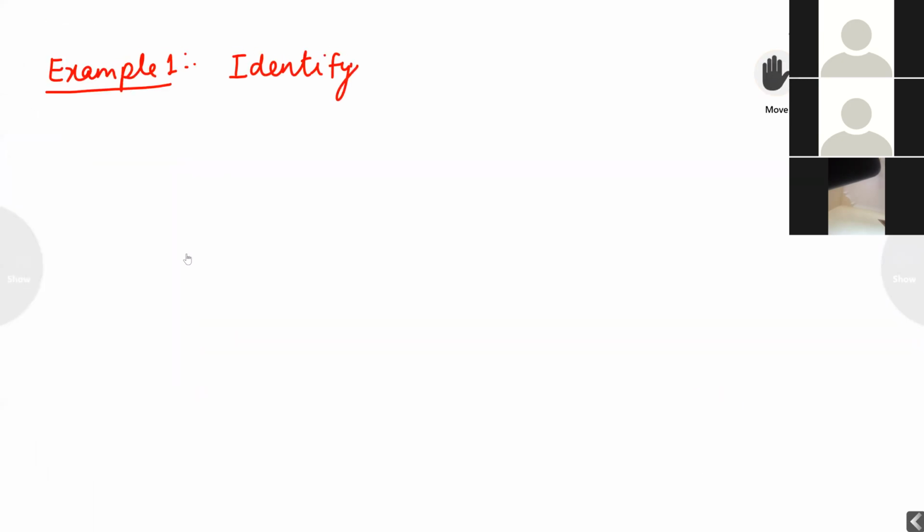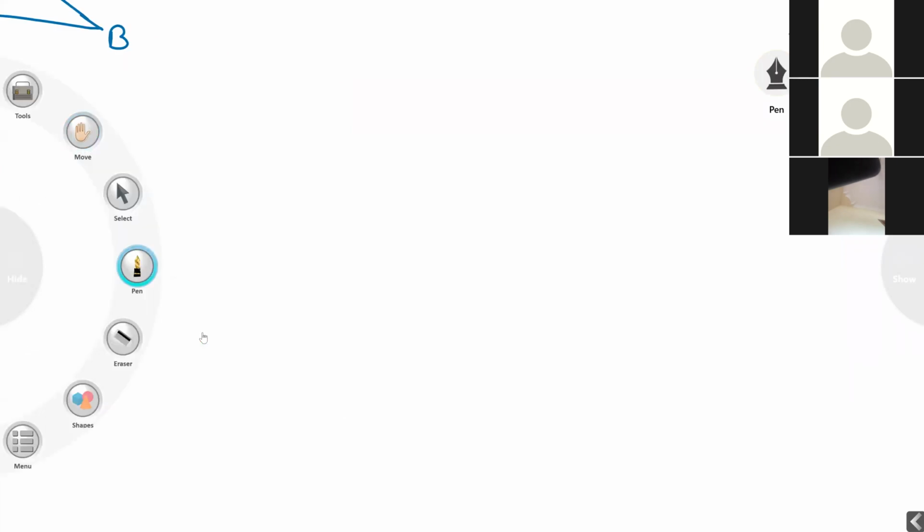Note down example first. Identify the triangles.